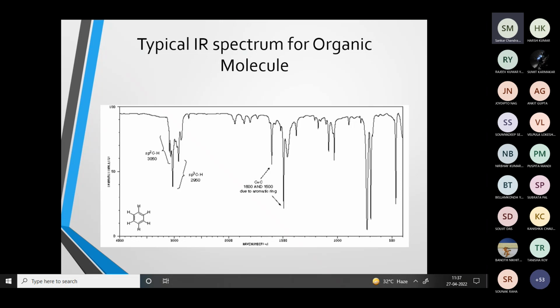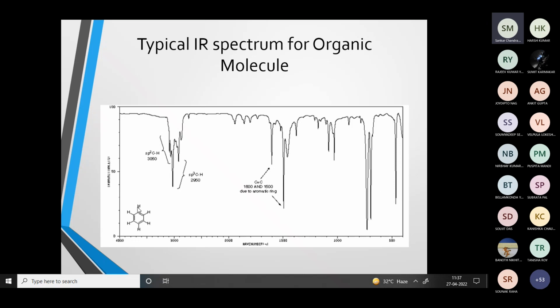When an infrared spectrophotometer is purchased, the company gives a data bank where common compounds' spectra are already recorded in the memory, and that is compared to tell what type of compound is there.